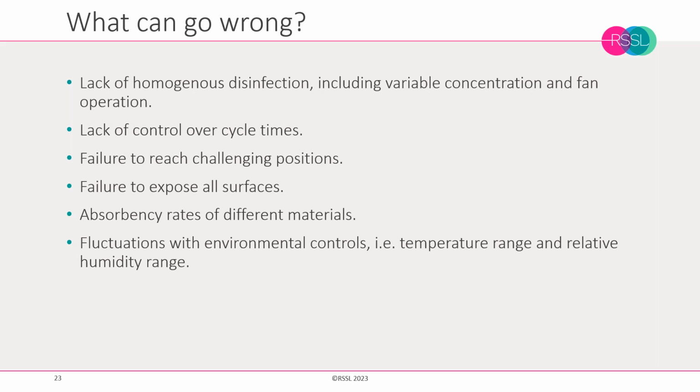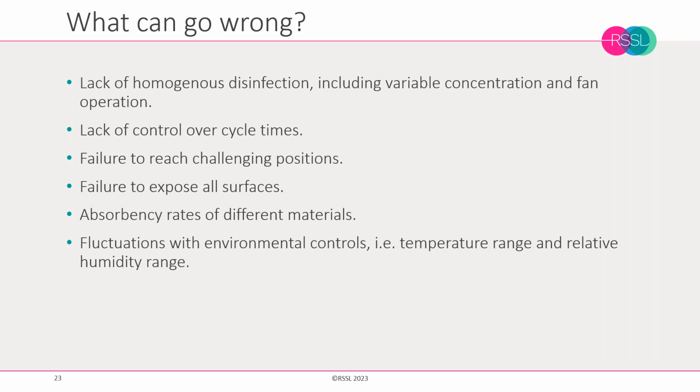And isolators are often challenging to qualify, or when you come to requalify, what appeared to work no longer works, or something else may go wrong. Some of the things that can affect this are the homogeneity and the distribution of the hydrogen peroxide, and whether we're consistently distributing it.